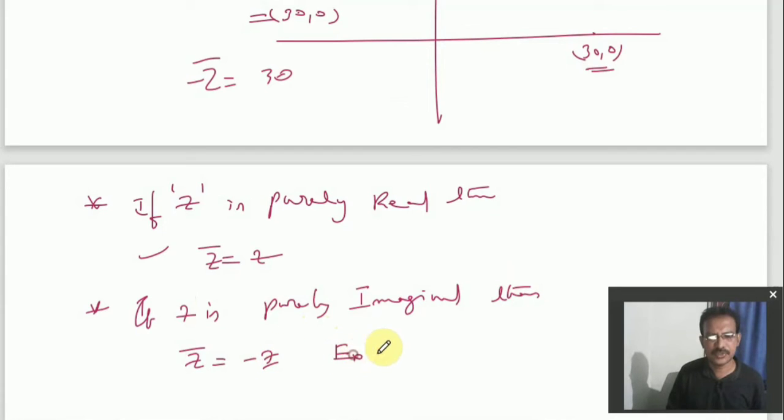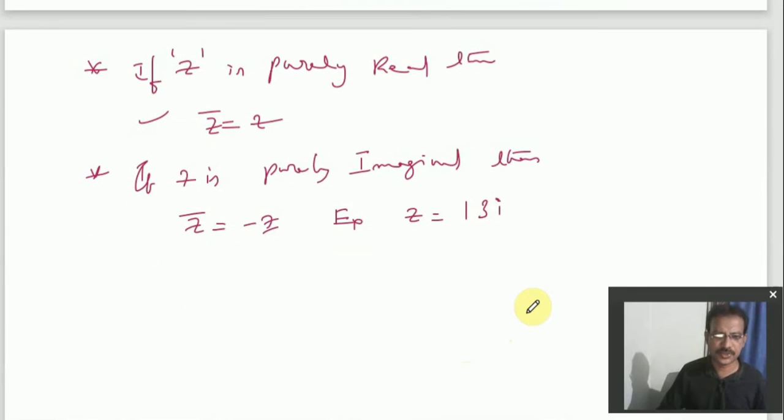Suppose you take one example, z is equal to 13i. This is purely imaginary, because the real part is 0. Suppose you locate it on the Argand plane.